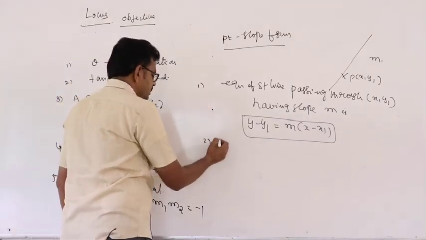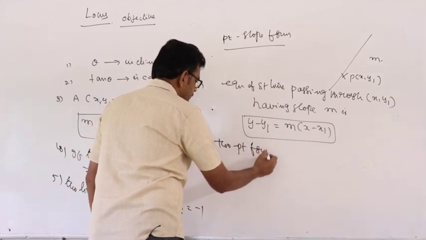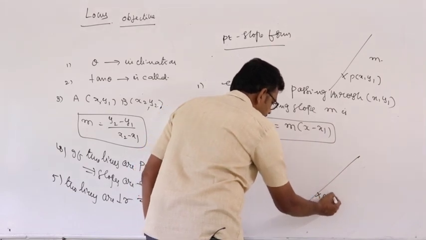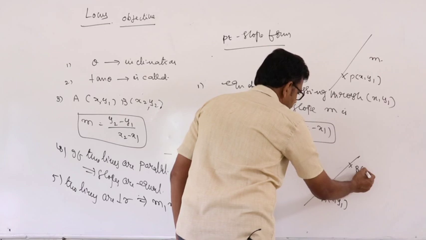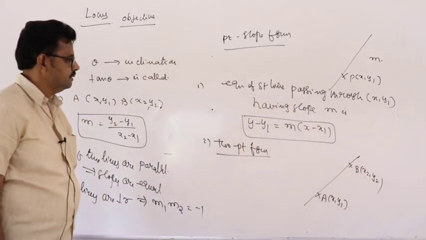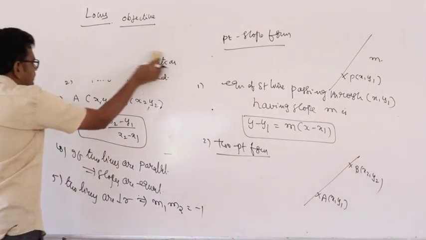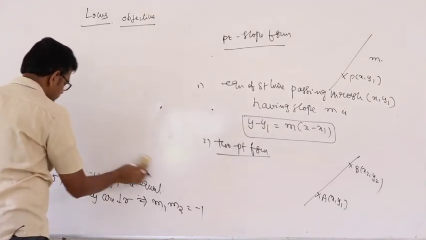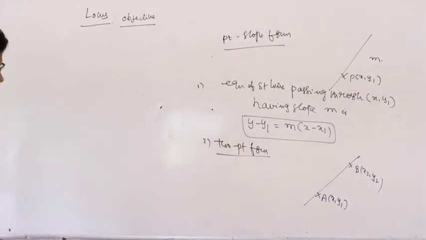For example, the two-point form. Two points are given. The point is A, x1 comma y1. The point is B, x2 comma y2. How to find the equation of the line by joining the two points A and B?